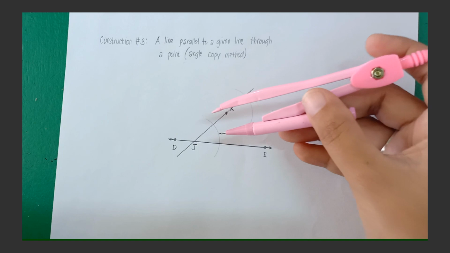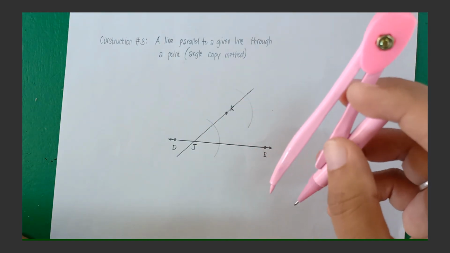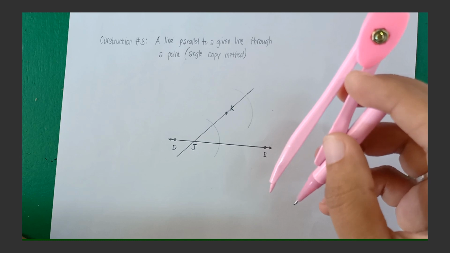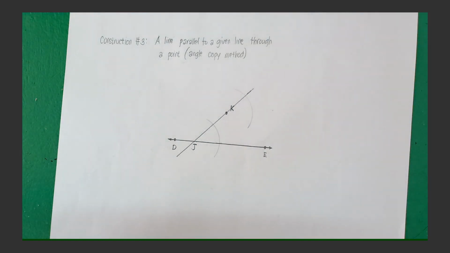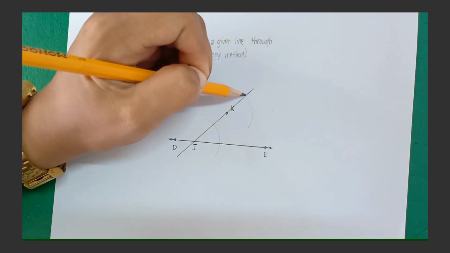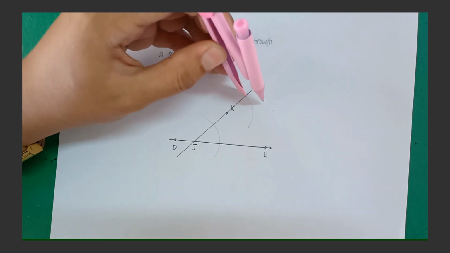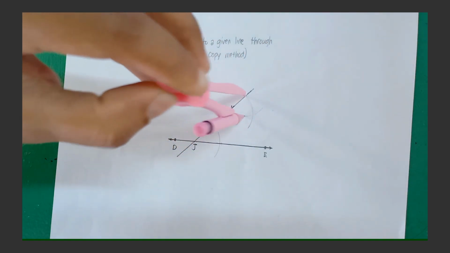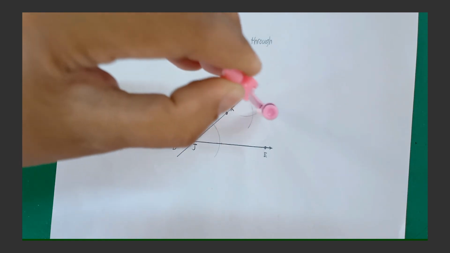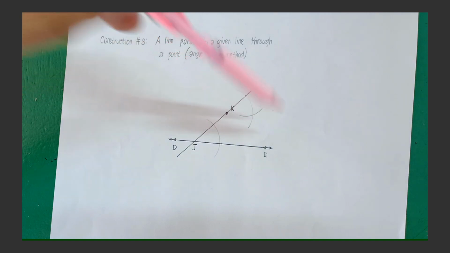Without changing the span on the compass, move the compass to where the upper arc crosses the transverse line and draw an arc across the upper arc, forming point L. From this point, we will draw an arc that crosses the first arc. Okay, there. I think it's okay.